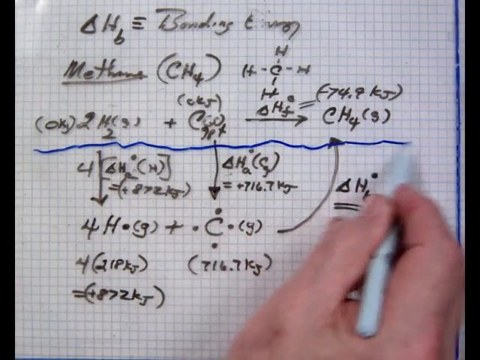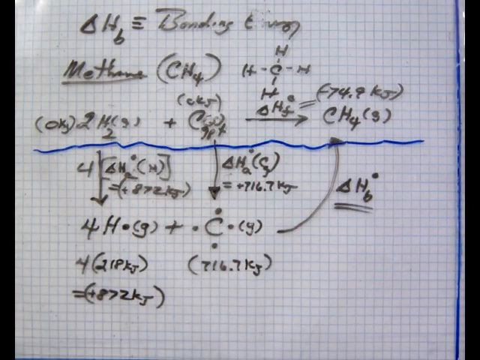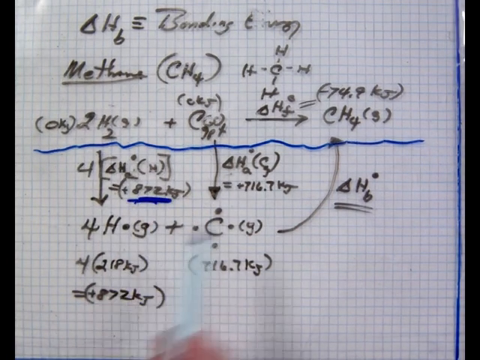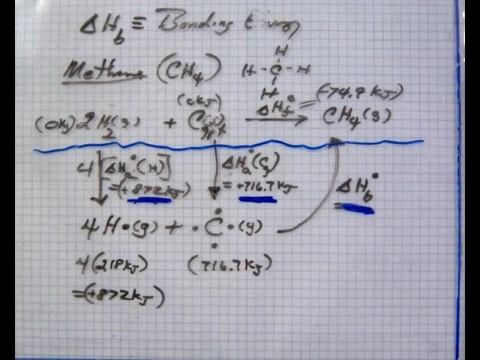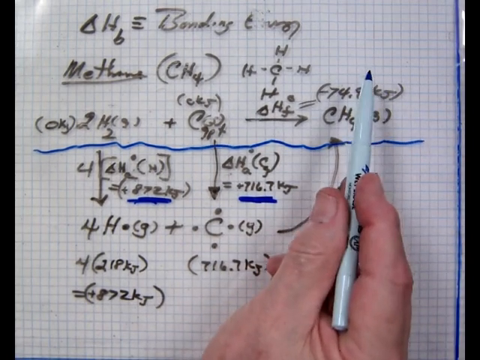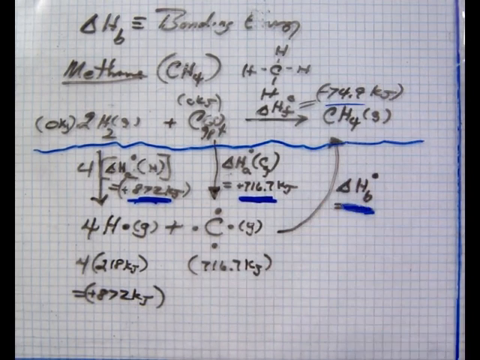Draw a line under your standard heat of formation. The sum of all of the individual energy changes here, here, and here, algebraically added together, equals the heat of formation up here.